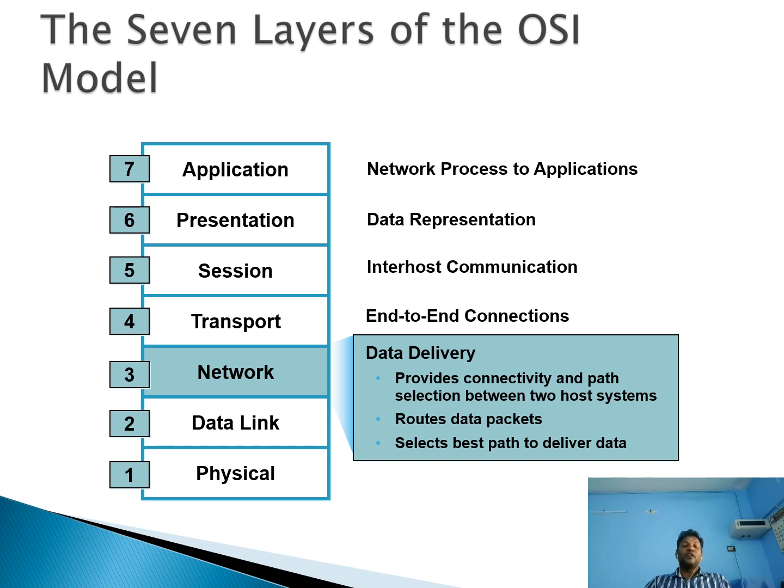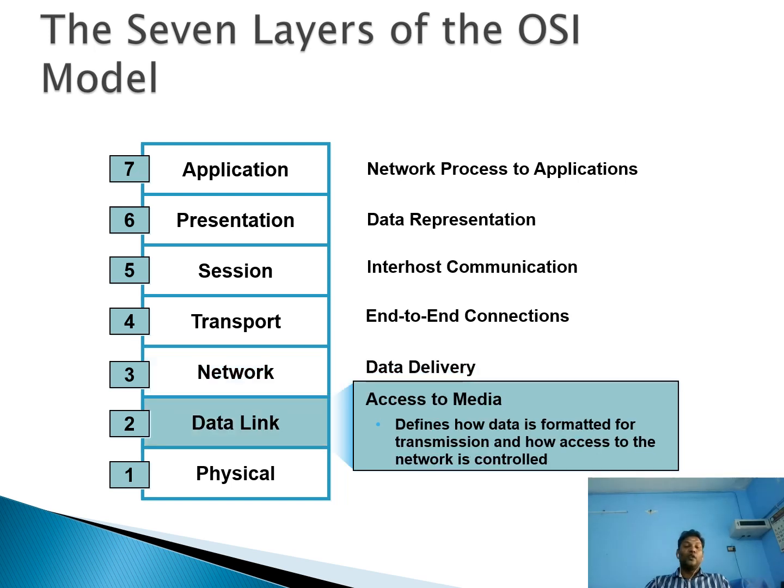It finds the shortest route to transfer the data from one place to another, fixes that shortest route and sends the data to the delivery end. It selects the best path, that is the shortest path. For that there are many algorithms, such as the shortest path first algorithm and first come first serve algorithm, which are used to enable data delivery in the network layer.